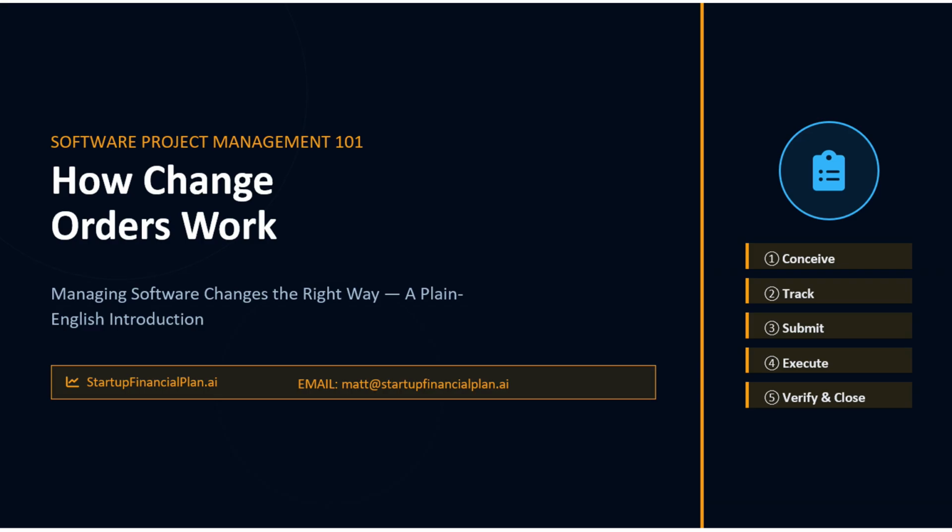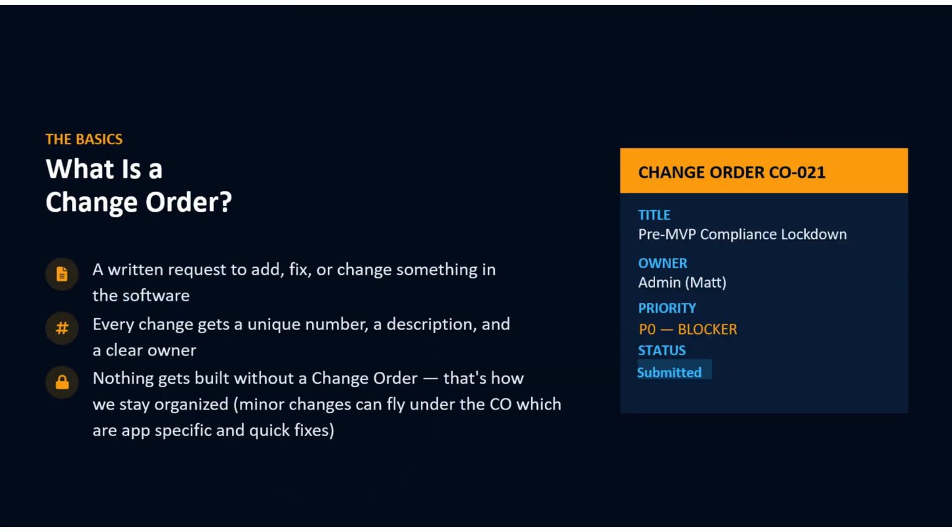Then I submit it to a super agent, which you'll see how that works on the hosting platform. It's executed on the hosting platform. Then I go back to the AI agent on Claude Cowork, which verifies and closes it out. And that's the process. So I'm going to explain exactly how change orders work on software development projects.